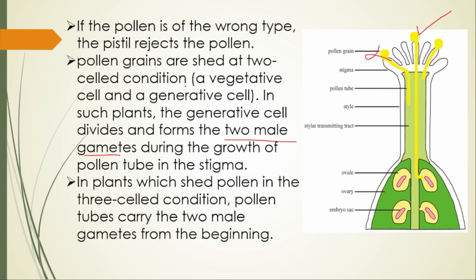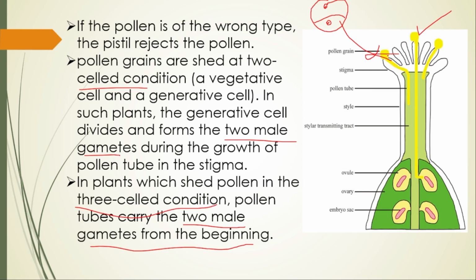If the pollen grain is shed at a two-celled condition, in a few plants it will be shed at a three-celled stage, where the pollen tube carries two male gametes from the beginning itself. If it has only the two-celled stage, one will be the vegetative cell, one will be the generative cell. Now just imagine this pollen grain is here.